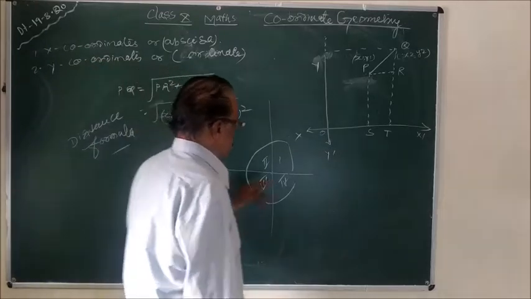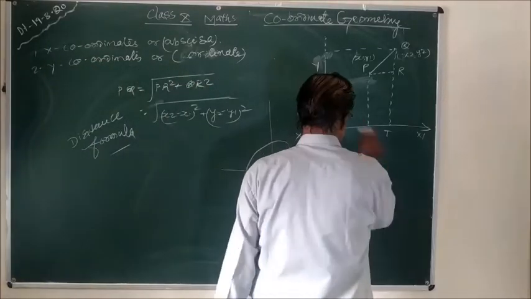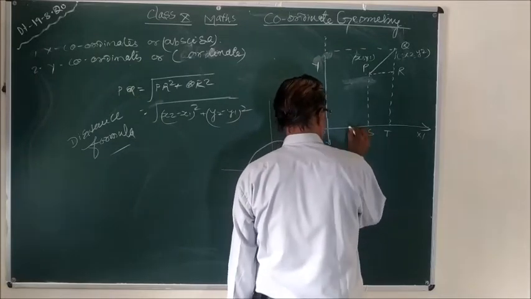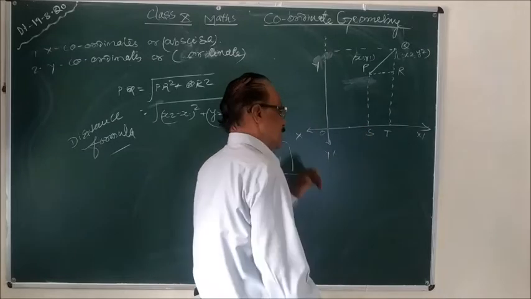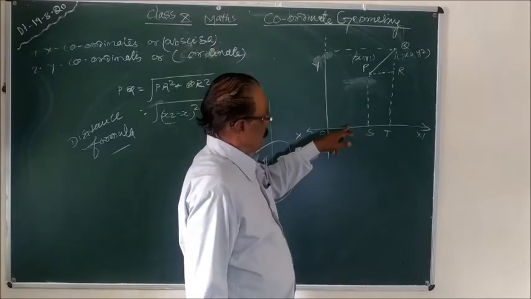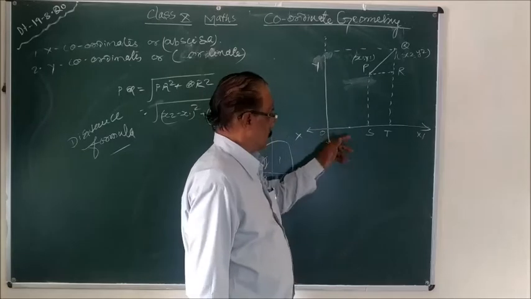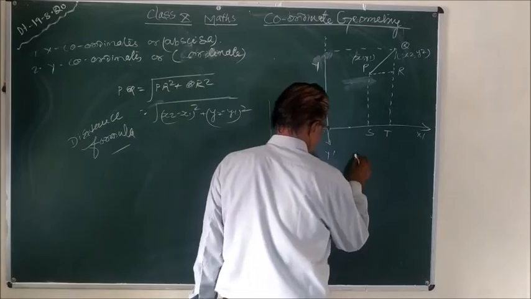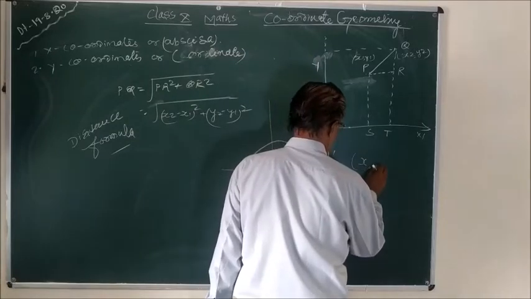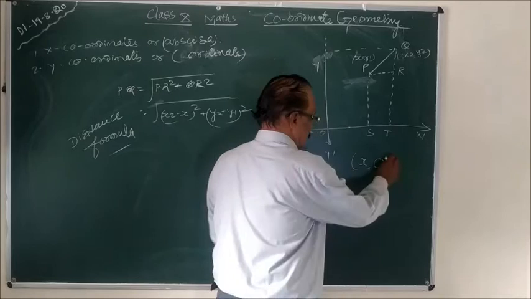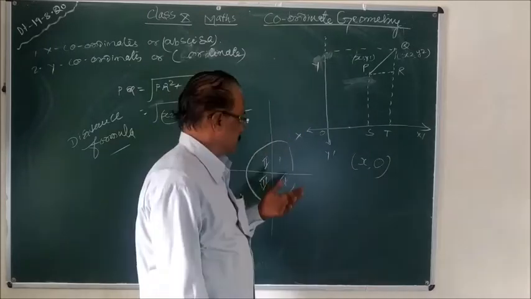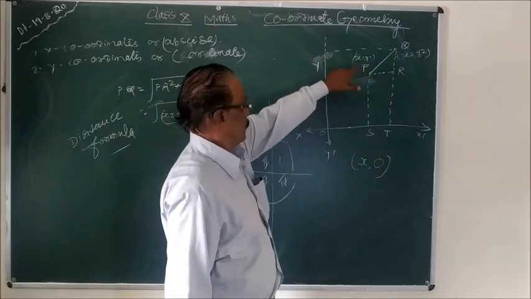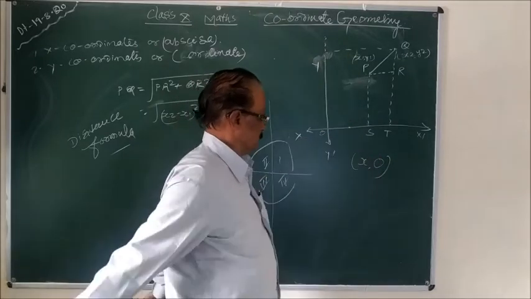If you take any point on a plane, and if the point is on the x-axis, you can understand what will be the distance of the point from the x-axis: 0. So the coordinate, if the point is on the x-axis, will be x, 0, because 0 is the distance of the point from the x-axis.